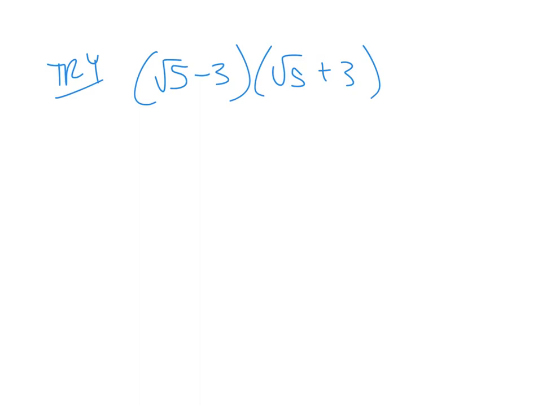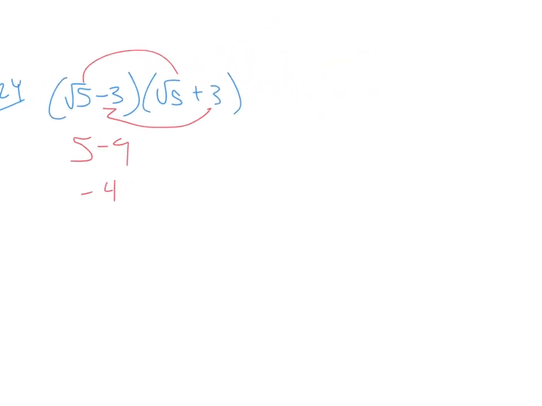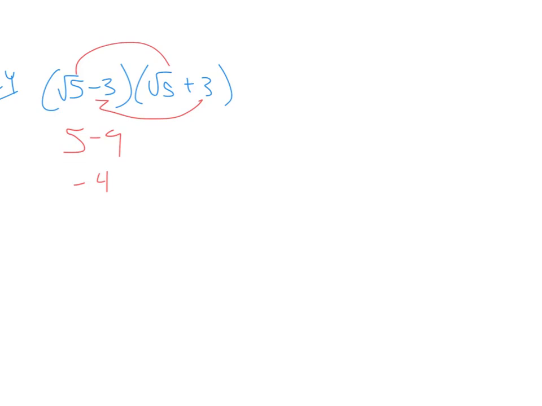So we're going to multiply root 5 times root 5, which is just 5. Negative 3 times positive 3 is negative 9. 5 minus 9 is negative 4. Now if that's confusing for you for some reason and you need to multiply that out, well, root 5 times root 5 is root 25. That'll be plus root 3 root 5.